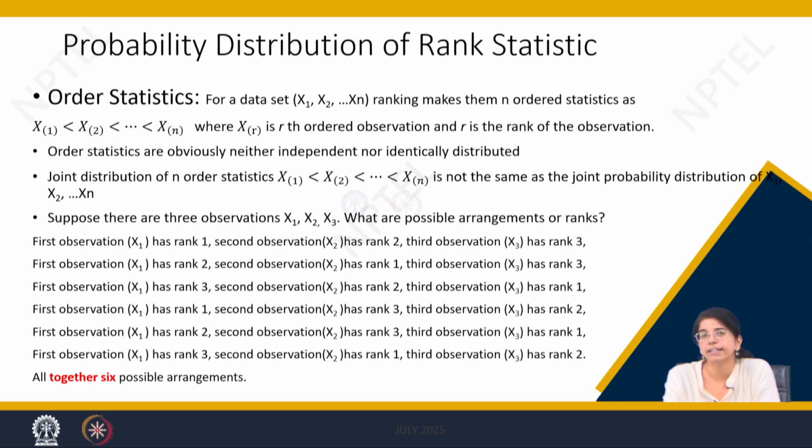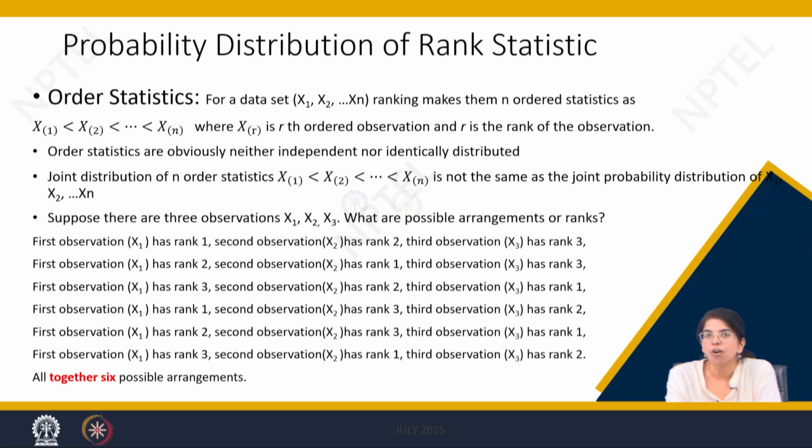Have you seen that ranked observations are generally written as x bracket 1, x bracket 2, ..., x bracket n, and this bracket terminology is called the ordered observation. So when I write x bracket r, I am pointing to the rth ordered observation, and that r is the rank of the observation.